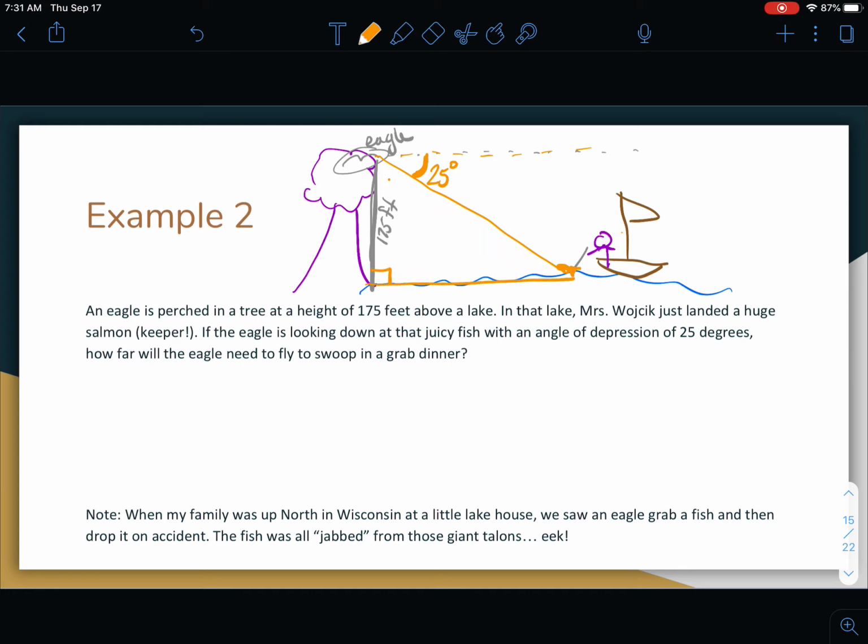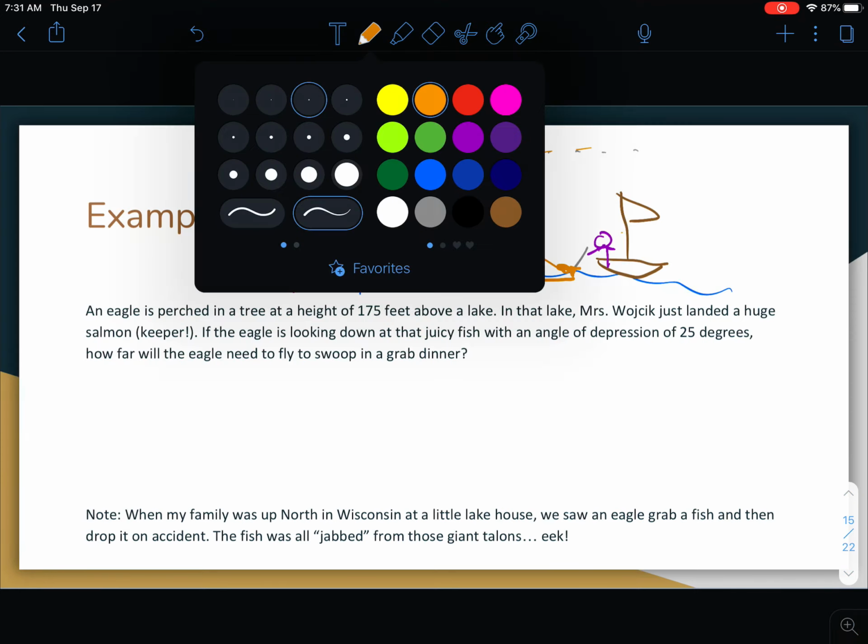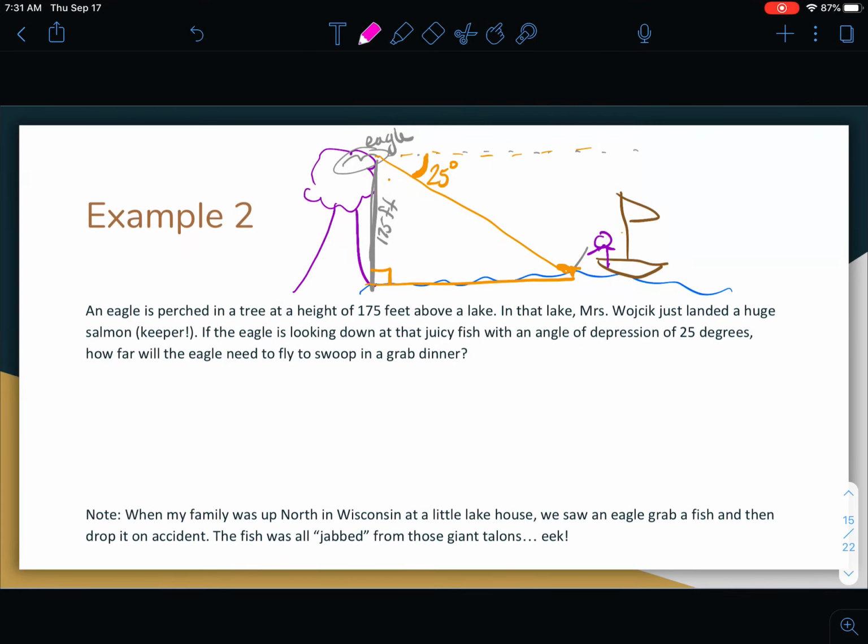This is our right angle, and we're going to go ahead and draw this triangle. Okay. 175 feet above the lake. We have an angle. Now, we need an angle inside of this triangle. We know that this is a right angle. Now, that's not all in the triangle, but that's still a right angle.